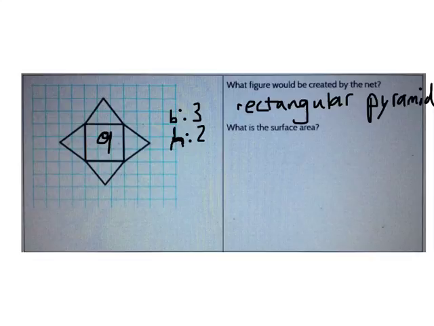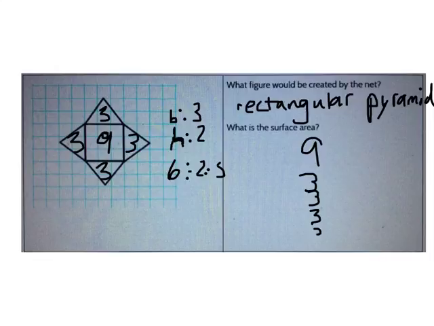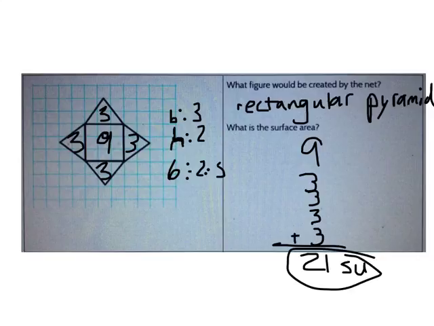What's the area of each triangle? 3 times 2 is 6. Divided by 2 is 3. So each triangle has an area of 3. What's the surface area of the shape? The surface area of the shape is 21 square units.